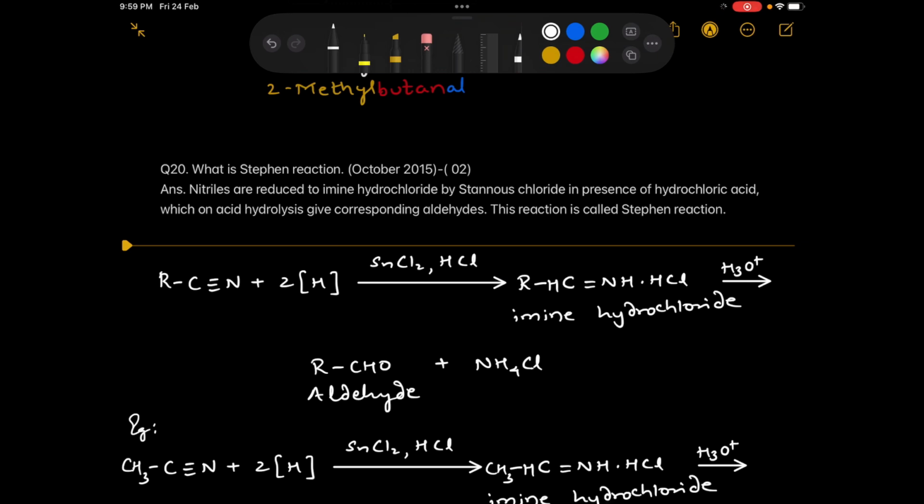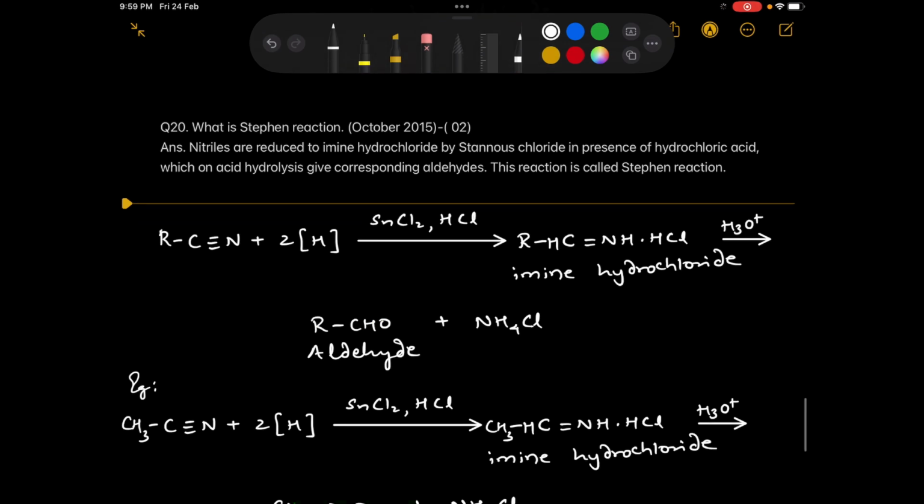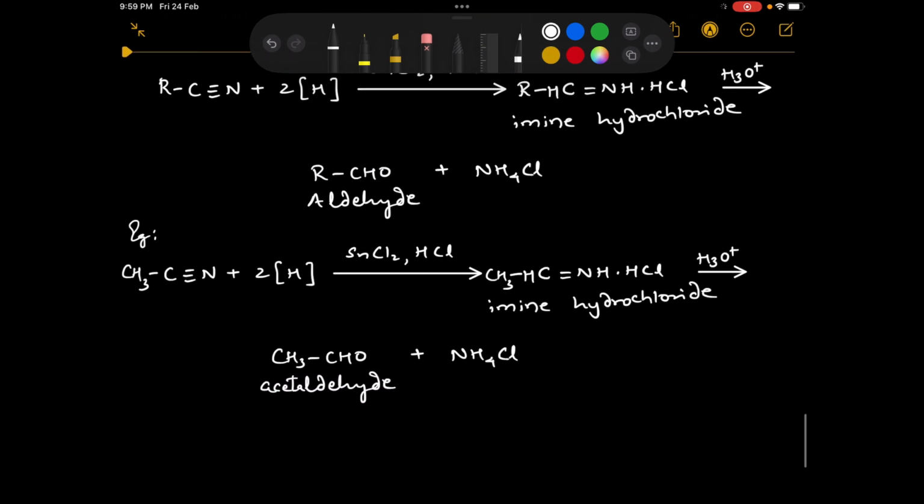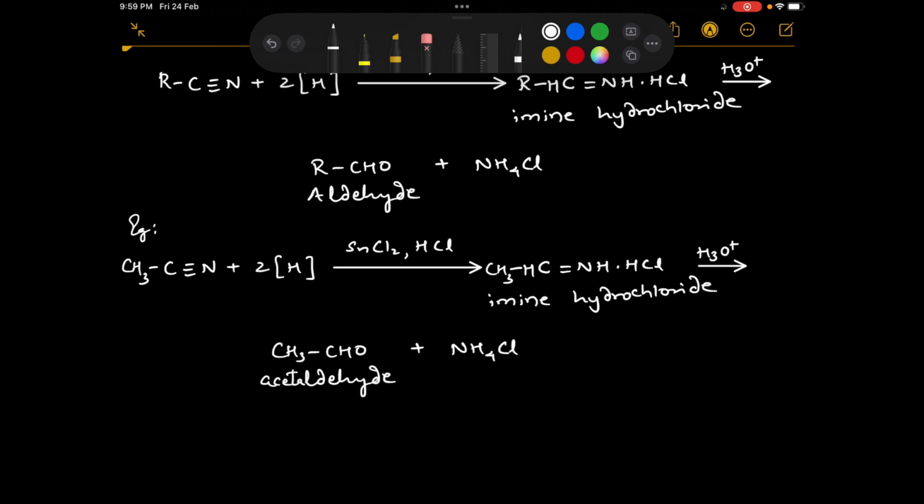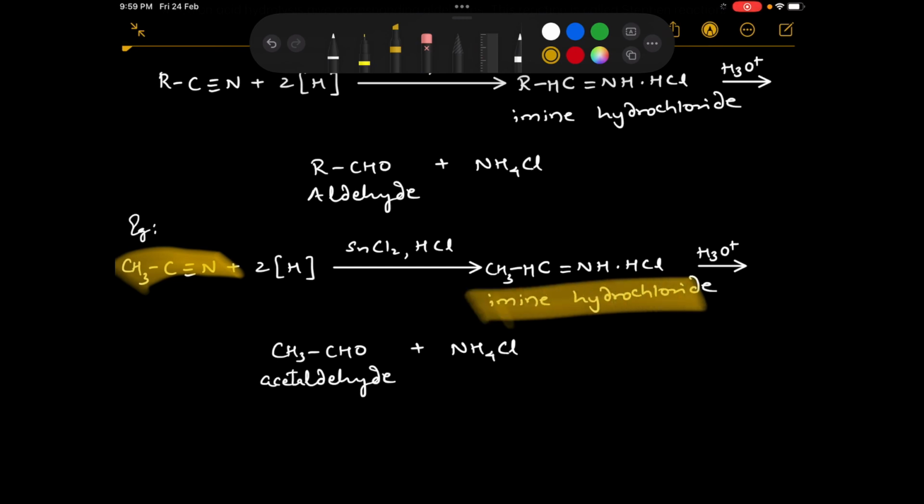Just add hydrogens across carbon and nitrogen and also add HCl across it, so that we get the formation of imine hydrochloride, which on further hydrolysis gives us aldehyde and ammonium chloride. Take one example, methyl cyanide, or we can also call it acetonitrile. It forms imine hydrochloride, which on further hydrolysis gives us acetaldehyde.